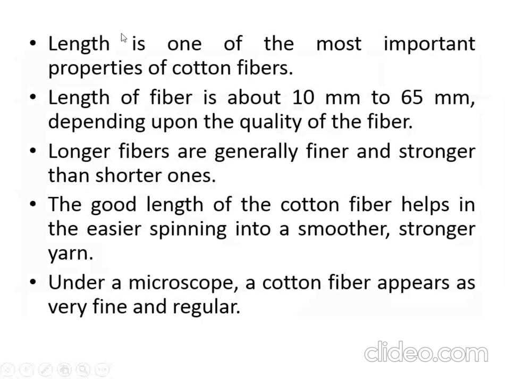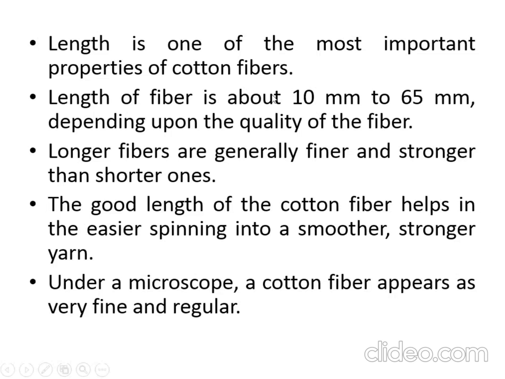Length is one of the most important properties of the cotton fiber, because I told you the length plays a very major role. Depending upon the length of the fiber, right from blow room up to spinning, each and every setting in the machineries depends upon the length of the fiber. That is the reason why length is the most important property, not only in cotton but in all fibers.